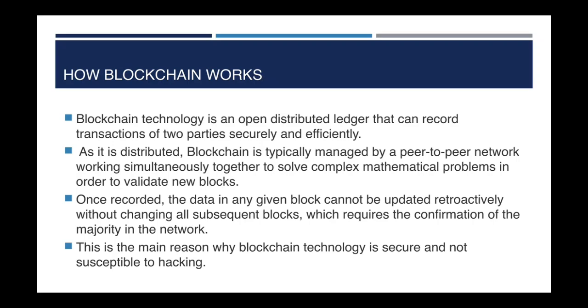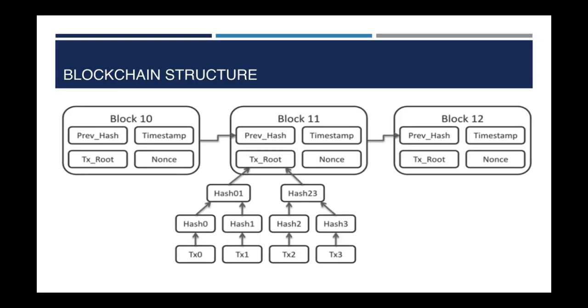The creation of a block is done through a process of consensus in a peer-to-peer network where peers work simultaneously to solve a complex mathematical problem to validate the block. Once the block is added to the blockchain, you cannot change it. Even if you try to change it, it is easy to verify that it is not valid data. This is the main reason why blockchain is secure.